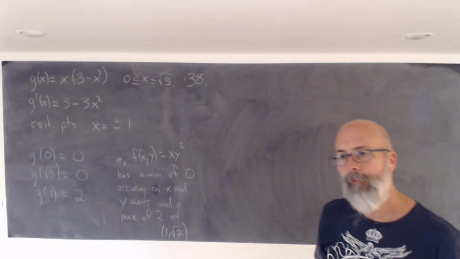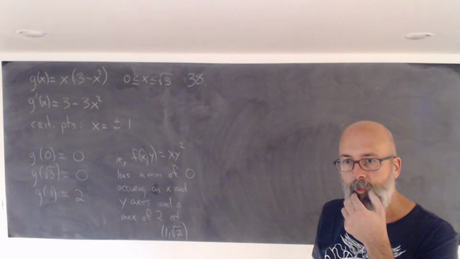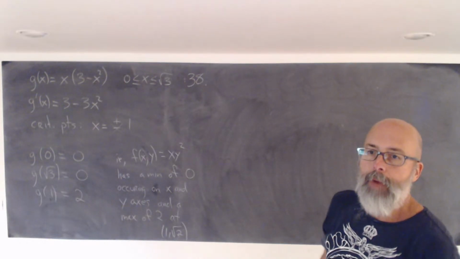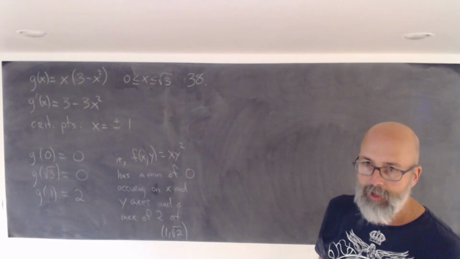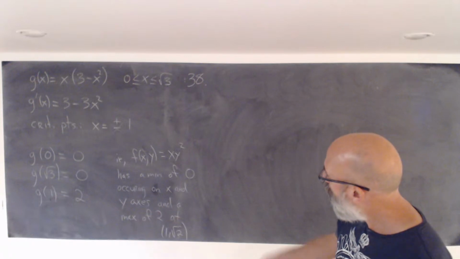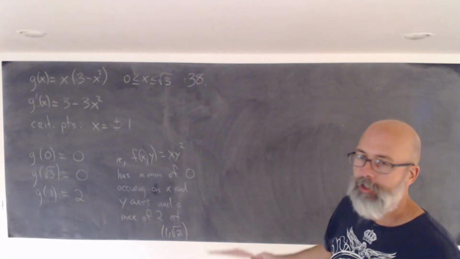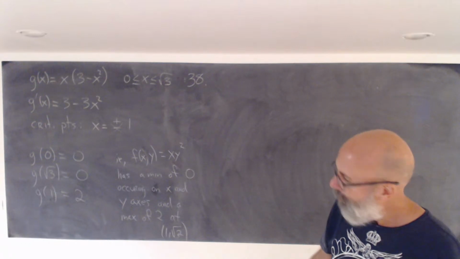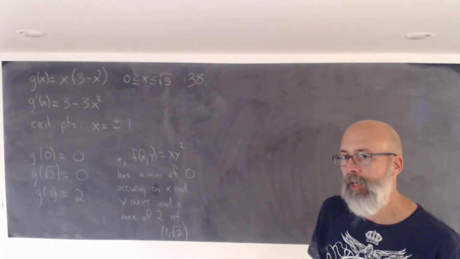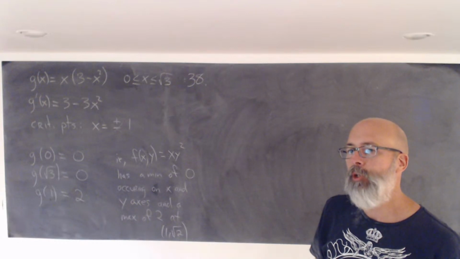Moving on. Maya's asking, why can't the max or min happen inside? It can. Here it just happened not to be the case, but in practice it can happen inside. There's no issue.